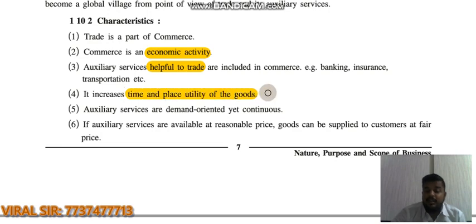It increases the utility, the satisfaction power of the goods. Auxiliary services are demand oriented yet continuous. Why demand oriented yet continuous? For example, it is not compulsory to use each and every auxiliary service. It is not compulsory.